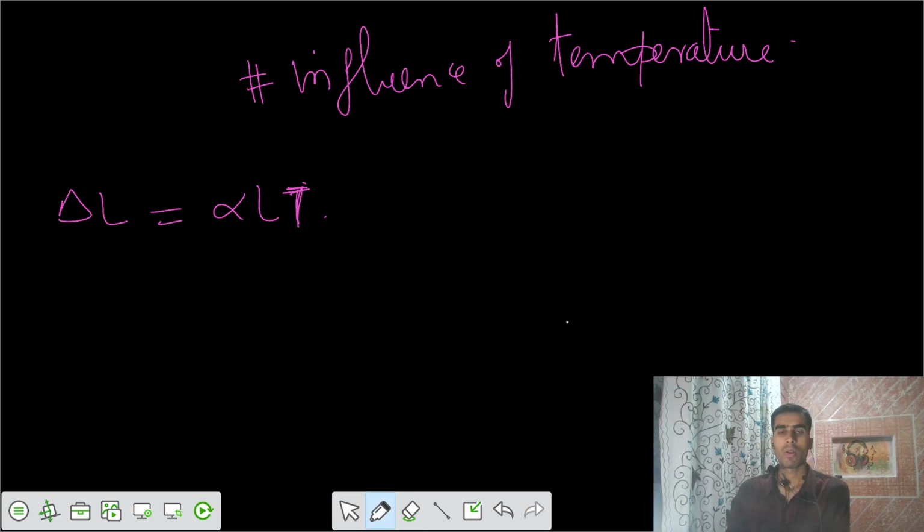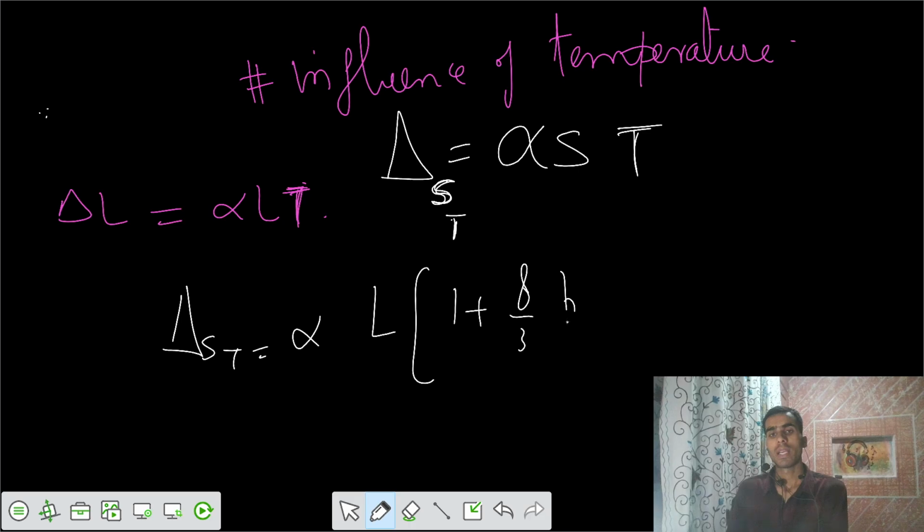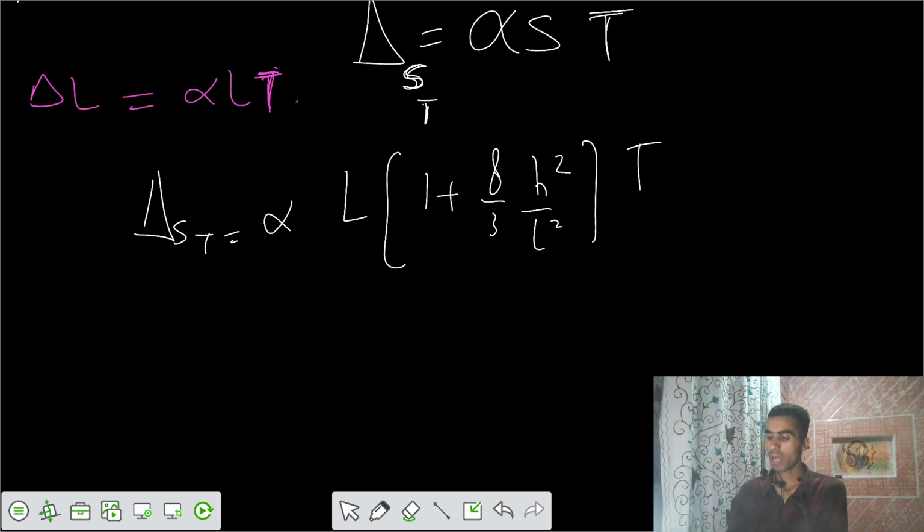Similarly, for a cable of length S, with a material having coefficient of thermal expansion alpha, and some temperature change T, the change in length of the cable is delta ST, that is alpha S T. Substituting the value of S for the parabolic symmetric profile, delta ST equals alpha times L into 1 plus 8 by 3 h square by L square, into the change in temperature T.